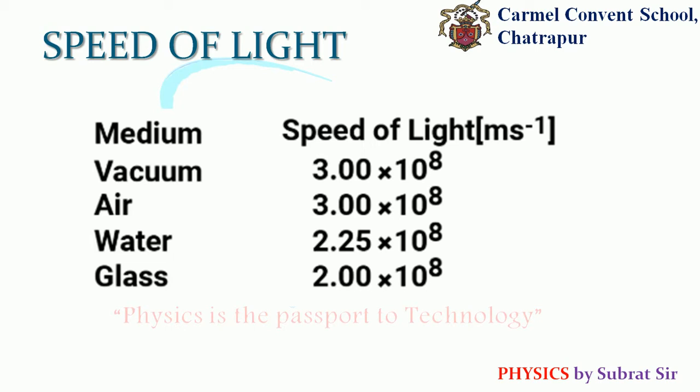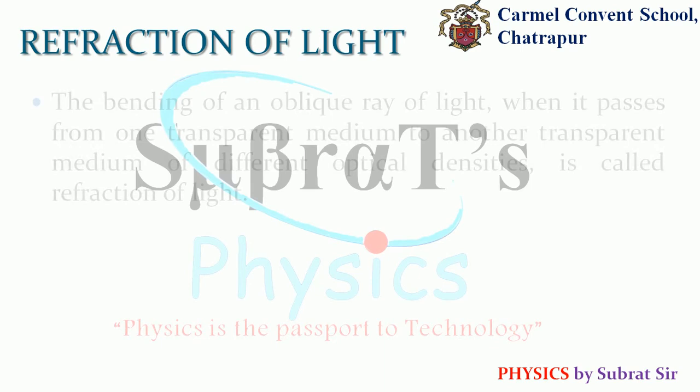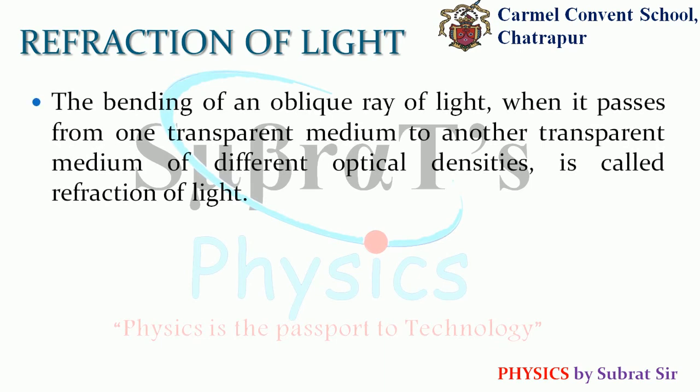Let us begin with the topic, the refraction of light. The bending of an oblique ray of light when it passes from one transparent medium to another transparent medium of different optical densities is called refraction of light. Suppose we have two media, air and glass.